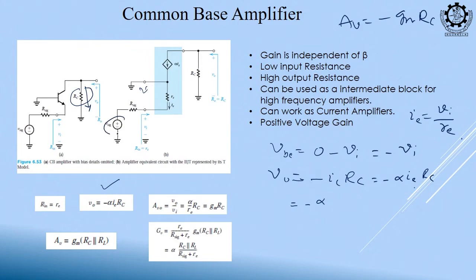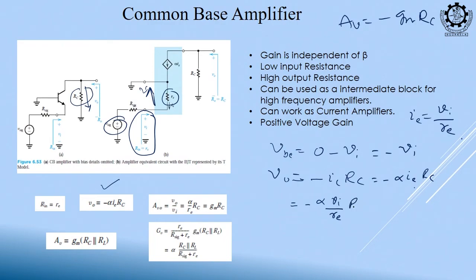This is our resistance, this is our voltage Vi, and what is the resistance? RE. Base is already grounded. So, this voltage is actually Vi minus 0. So, Vi by RE, clear. So, alpha into Vi by RE into RC.